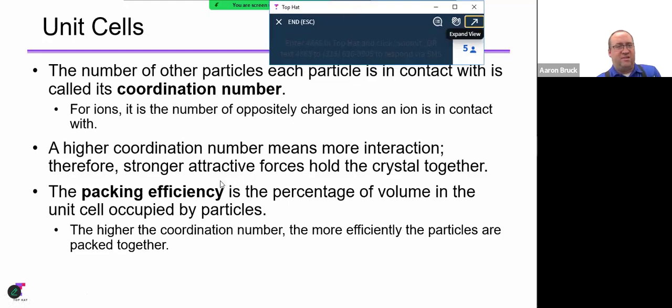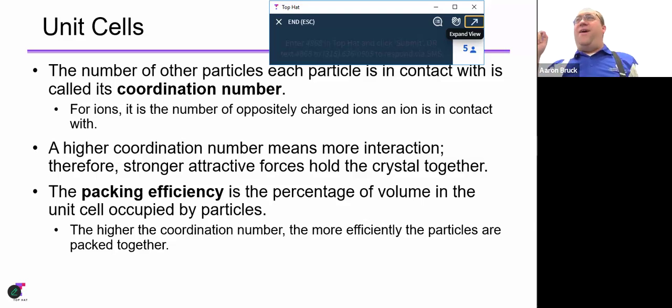So some things to know about unit cells before we get into greater details. We can describe something called a coordination number. A coordination number for a crystalline solid would be if I pick out any atom in that unit cell, any atom in that crystalline structure, the number of other atoms that it is touching is the coordination number.